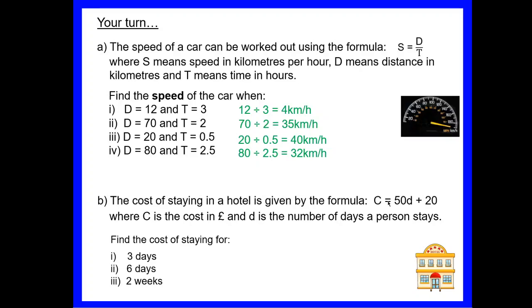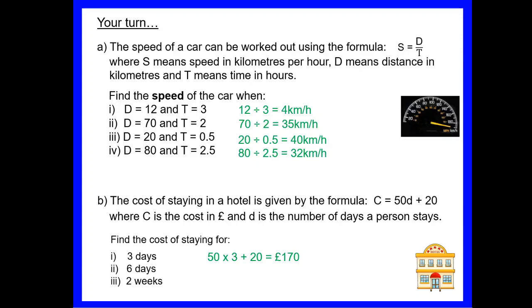For our next one then, we've got the cost of staying at the hotel is 50D, so remember that's 50 times D, so 50 times the number of days plus 20. We've got 3 days, so we're going to swap D for 3. So we've got 50 times 3 plus 20, making sure we follow BIDMAS, we get £170.